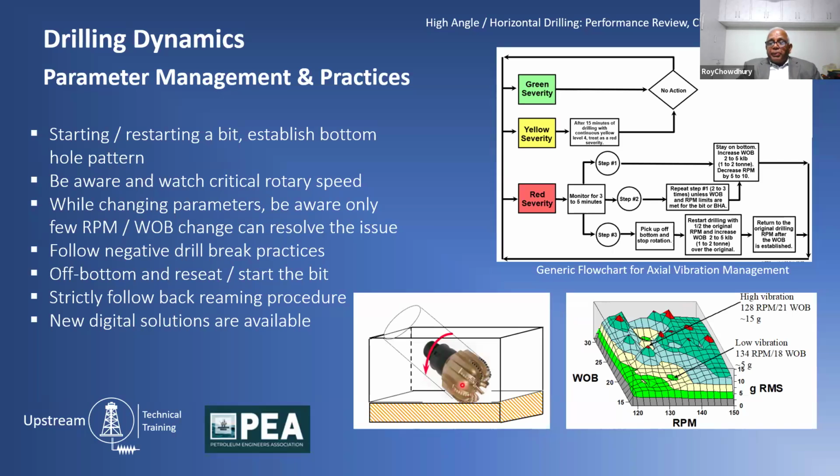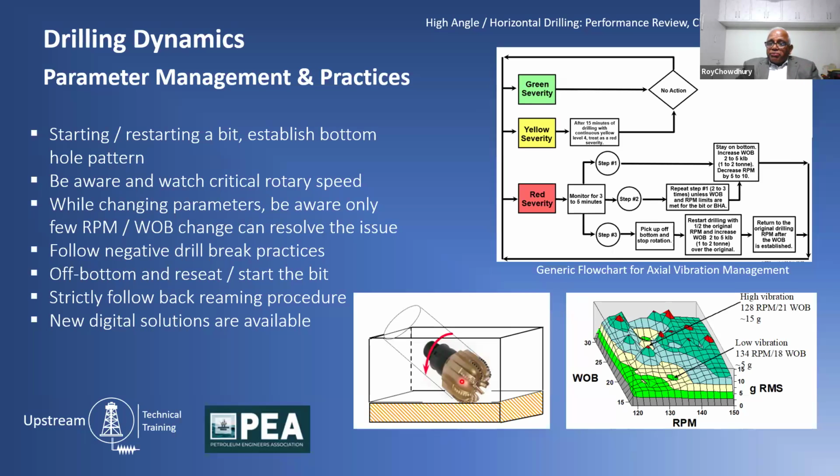If you are doing a wiper trip, exactly the same thing, ease down your bit. It is very easy when you are close to the bottom of the hole. If there is any fill, you may not recognize it and you may hit the bottom very hard.